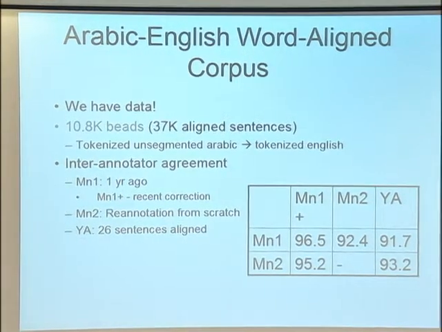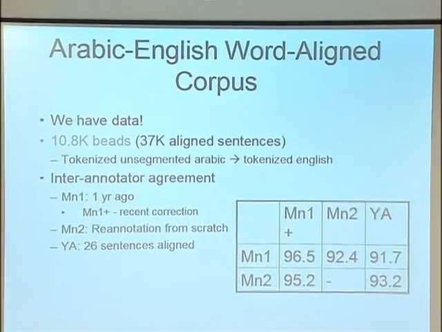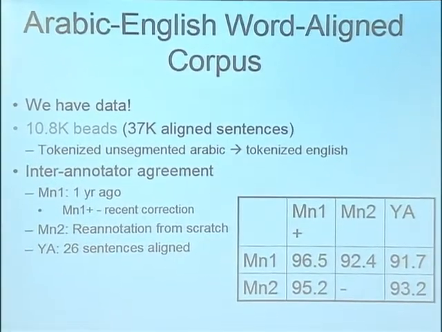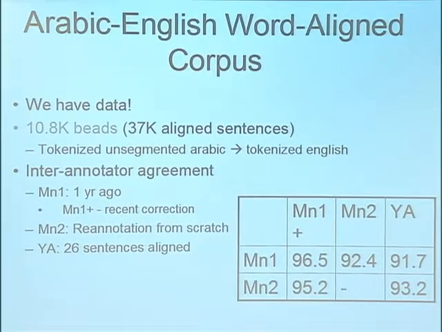What was really neat about our approach is that, for the first time, we have data. We hired enough annotators, gave them sentences in Arabic and English, and asked them to mark the correspondences between the words. When this work was published, we had only 10,000 sentences, but from LDC and other data consortia, we are now up to 37,000 aligned sentence pairs.